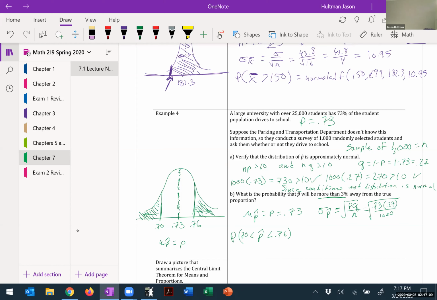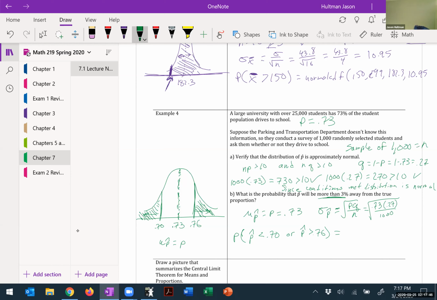It's the probability that p hat is less than 0.70 or p hat is greater than 0.76. If we wanted it the other way, it would say within 3%. I misread it, but I just want to make sure I set that up properly.